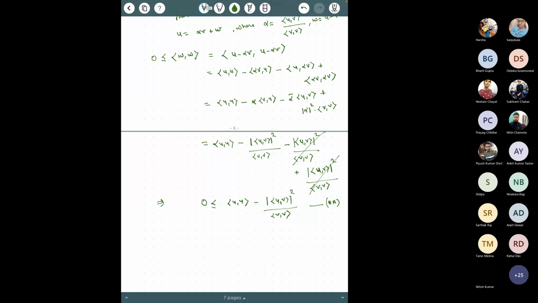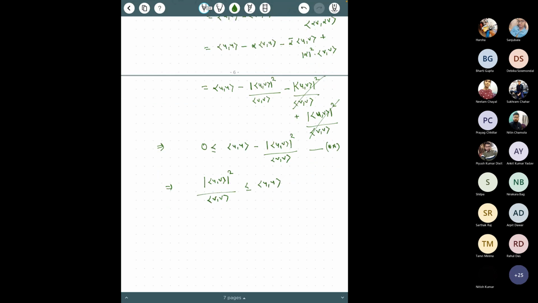Now from this equation, if you take this term with a negative sign to the other side, it would be this one. But then you can take this term also to the other side because V is non-zero.